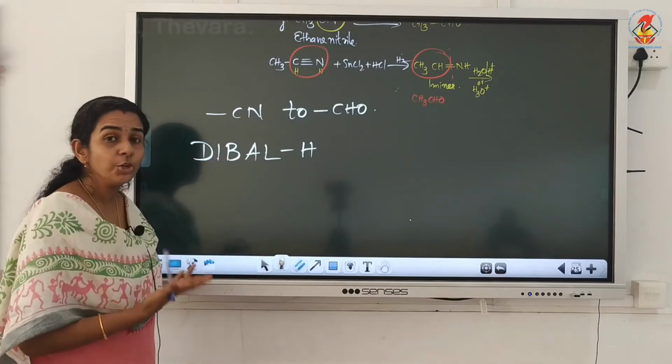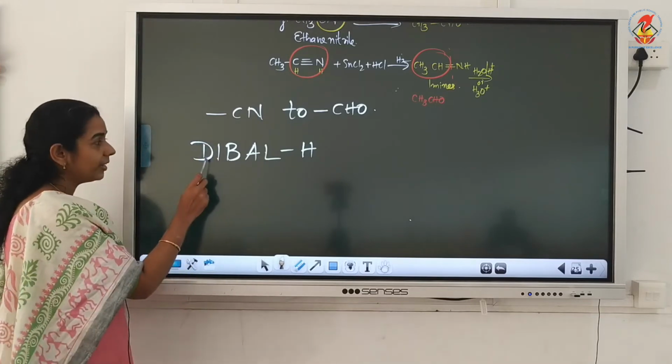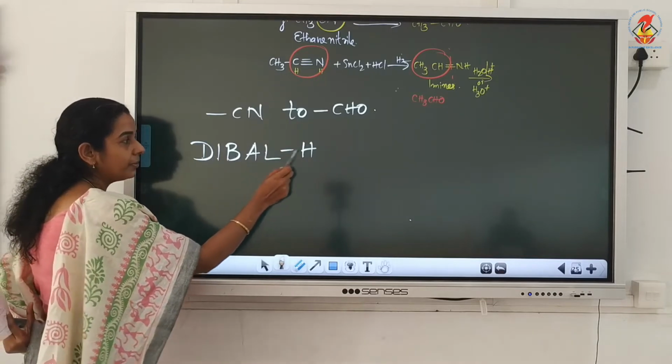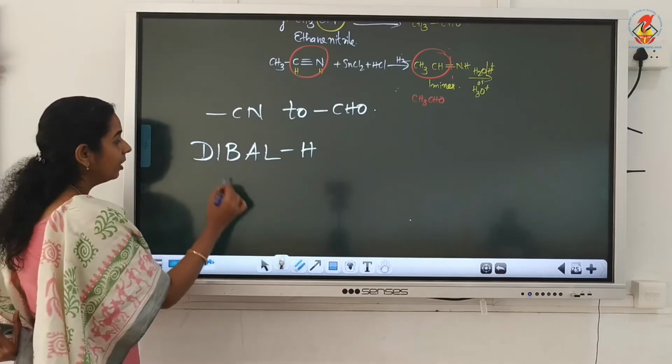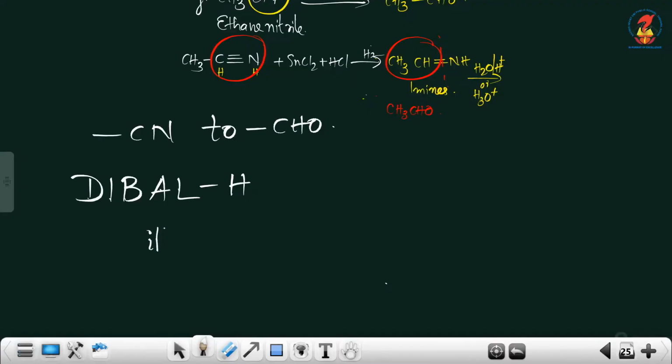There is one more short form to represent dibal-H, because we know that it is diisobutyl aluminium hydride. So isobutyl we can write it as small i-Bu. Diisobutyl means how many times we should write? 2 times.